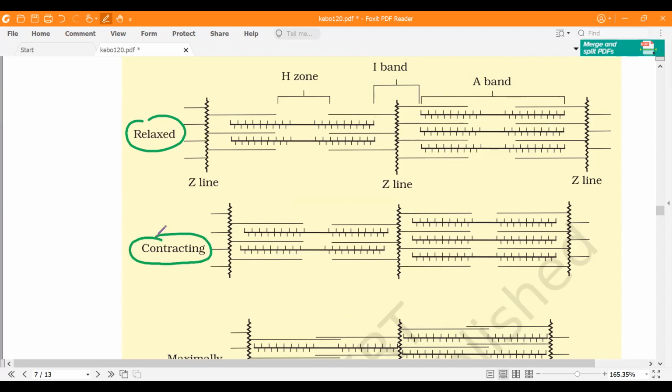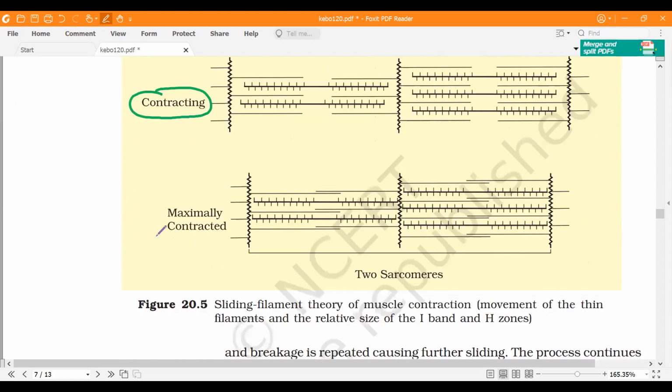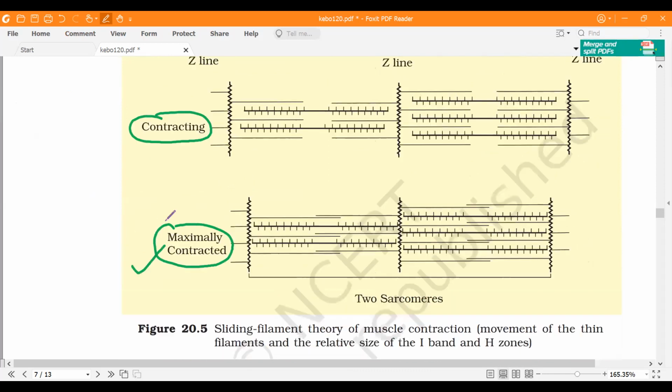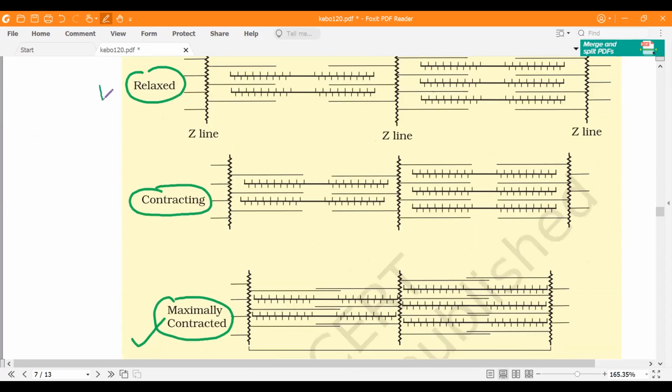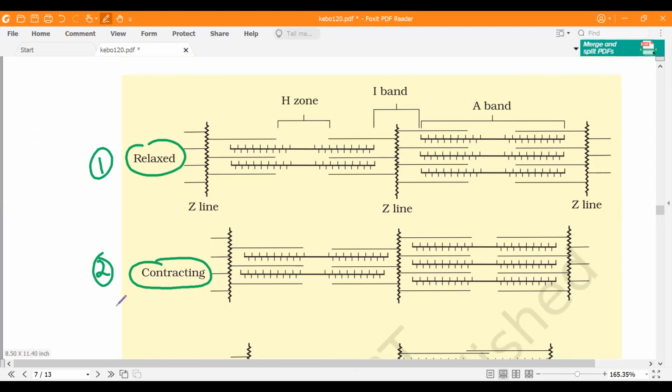Then this is the contracting condition, and this is the maximal contraction. So I hope you got these things. Got it, beta? Yes, sir. We'll talk about each of these and the questions which they ask.